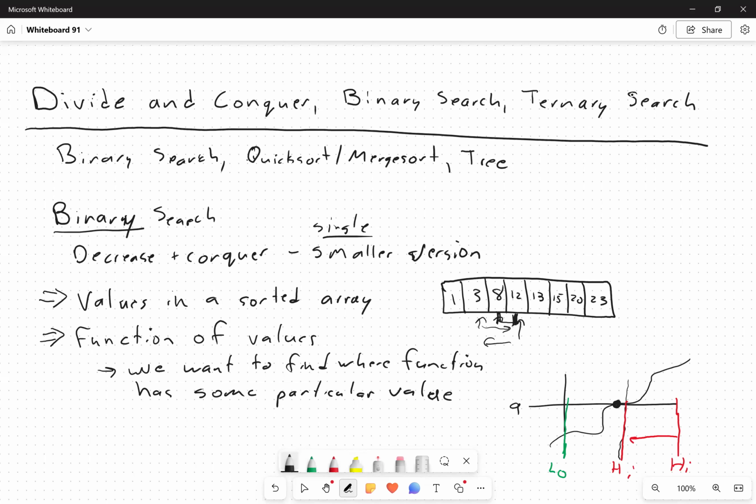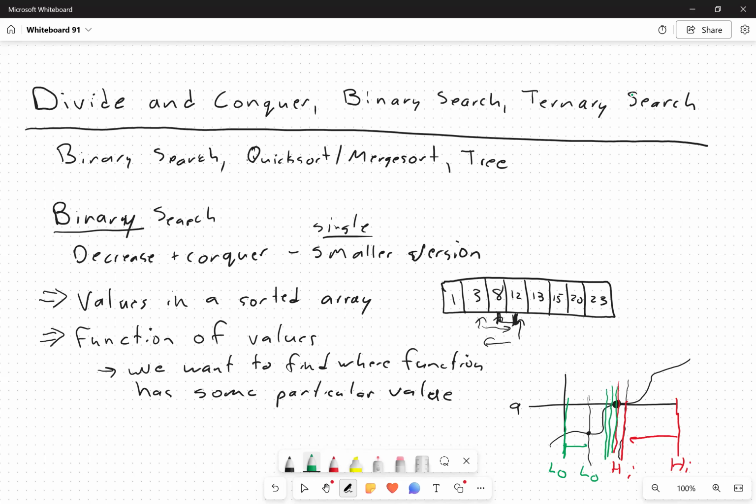So if we do this again, we check another value right here and we say, okay, that point on the function is below, so we will move the low up to there. And if we keep doing this, the next time we check the low will go up to there, and the next time we check, maybe the high comes right there, and the next time the low goes right there, and pretty soon you've converged onto the thing that you care about.